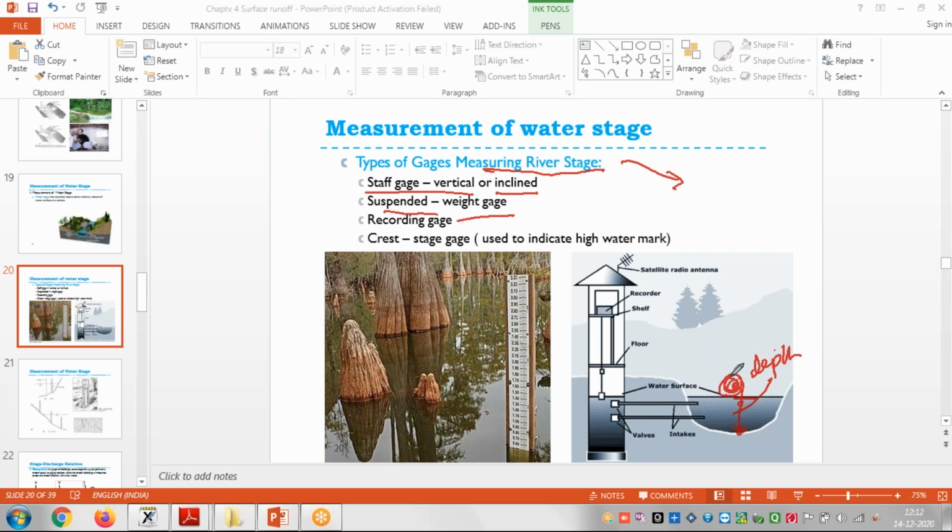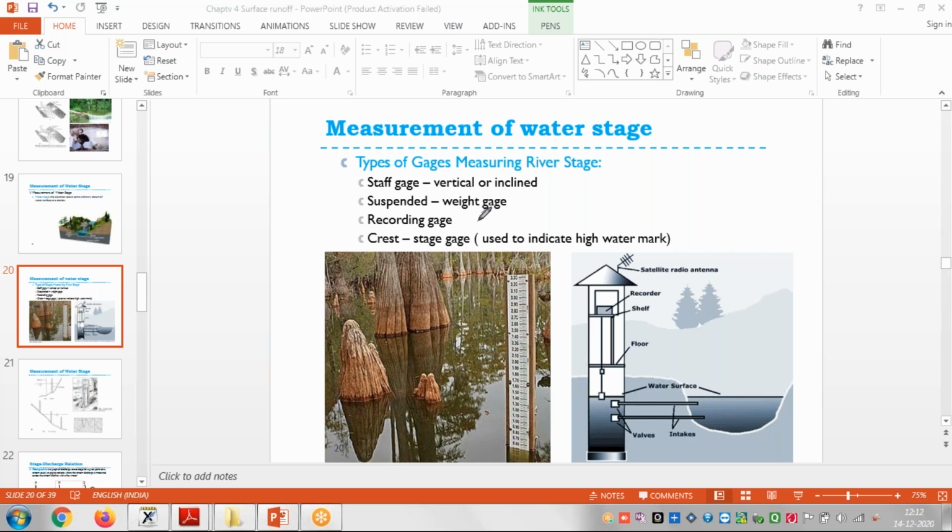We note down how much rotation there is, and what the diameter of the rope is. Through this diameter and rotation, there is a formula through which we can calculate the depth, right? That is the suspended weight gauge.